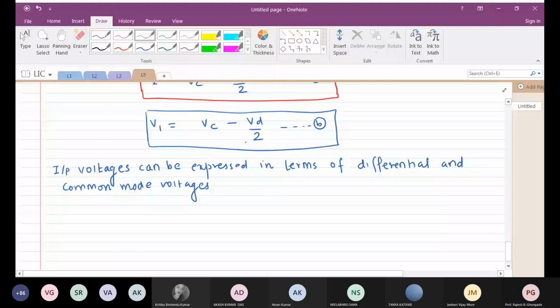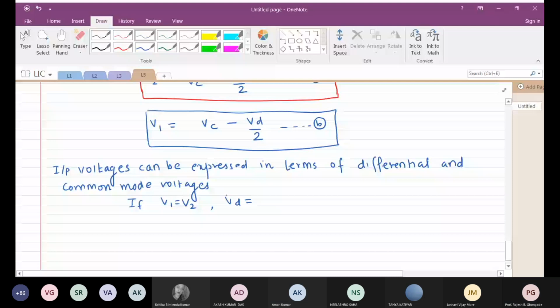Now, if V1 is equal to V2, what do we have? If I substitute V1 equal to V2, what will be the value of VD? If both the voltages are equal, what is VD? 0.